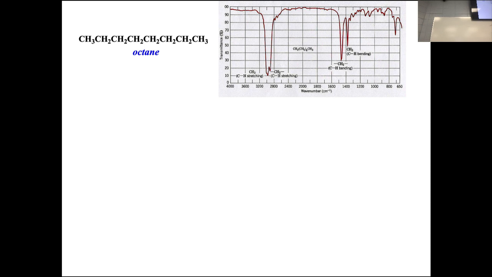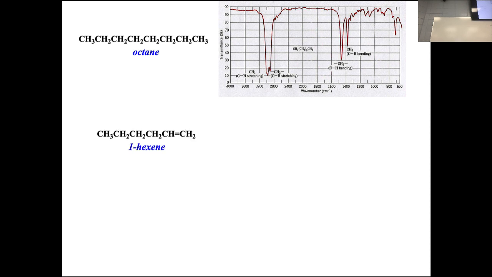From 2,000 to 2,500, there's nothing there. But now all of a sudden I'm starting to see some stuff over here around 3,000. That's that CH stretching and bending and all the little different things that it can do. That's what octane looks like. That's the IR spectrum of octane.